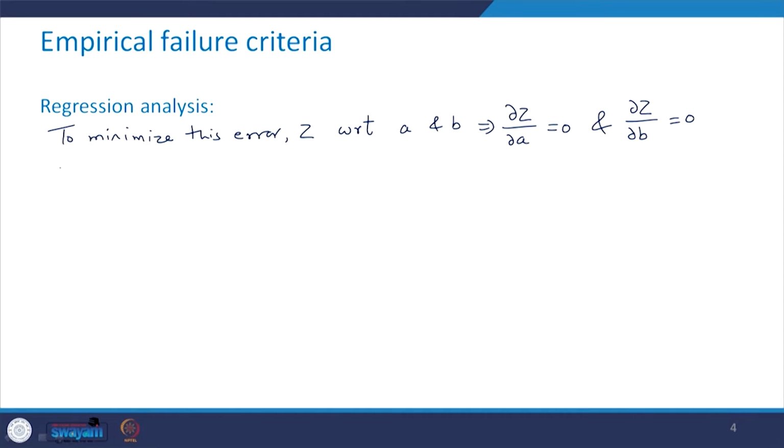Now differentiate it. So what was the expression for z? First let us write that for our ready reference here: summation i equal to 1 to n, (yi cap minus a minus b xi) whole square. This was our z.